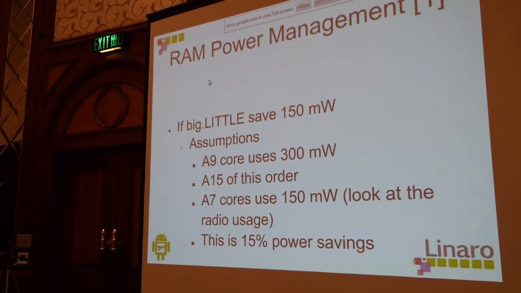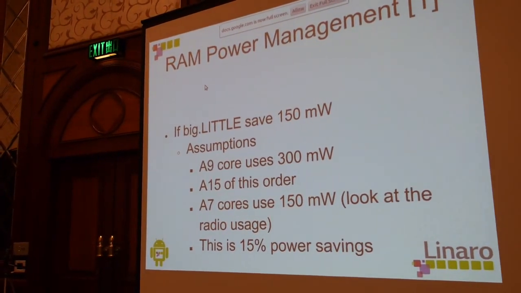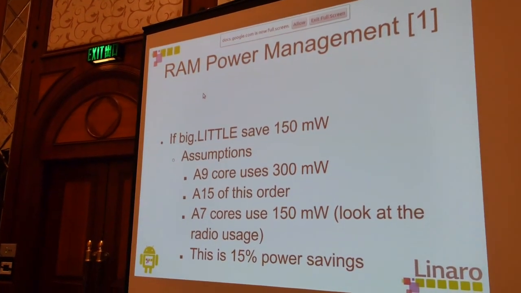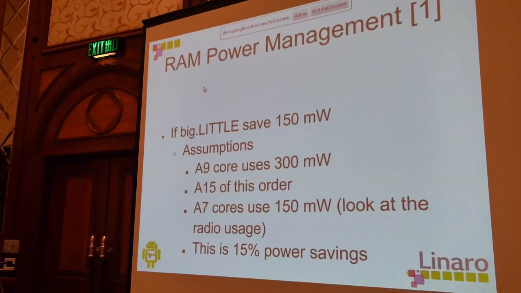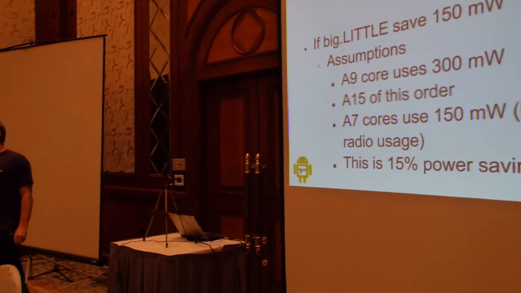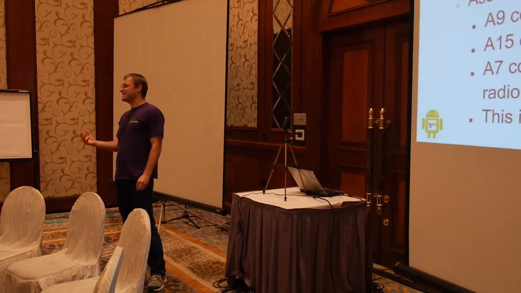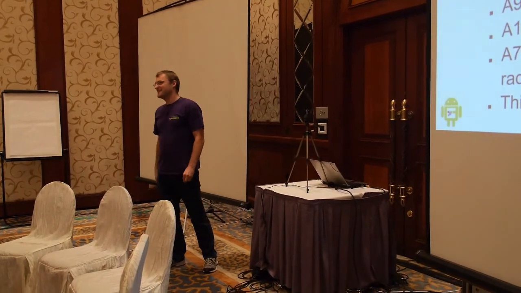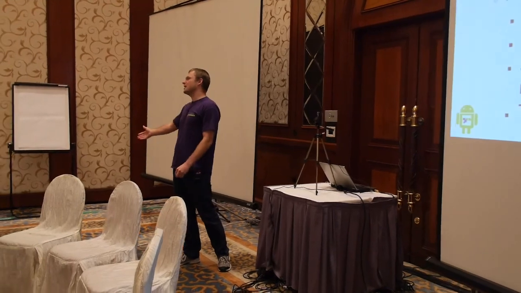But I wanted to kind of gauge, all right, Linaro spends a lot of time doing big.LITTLE. But when you really look at a phone, what is the real big power hog? It's the screen, 70%, right? So any kind of power management you do is in that 30%. That's it. The CPU is not the problem. But any little bit helps.